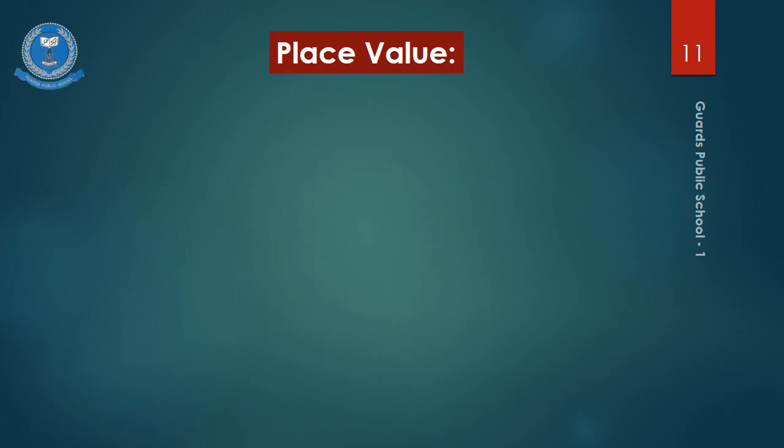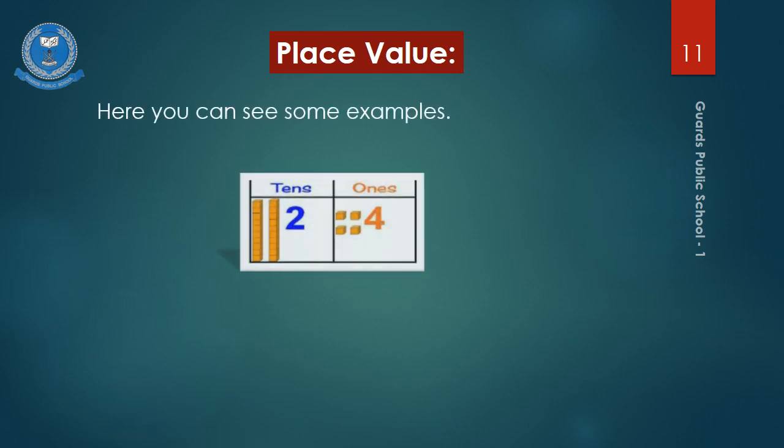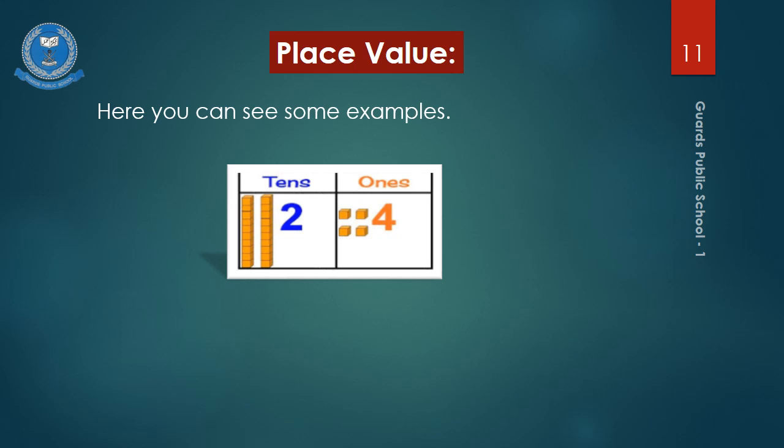To know more about tens and units, let's see some other examples. The first example is 24. Come on students, see the picture. How is the number 24 placed? We have 4 bricks for number 4 and 2 bars of tens for number 2. It should be noted that tens should always be shown by bars.